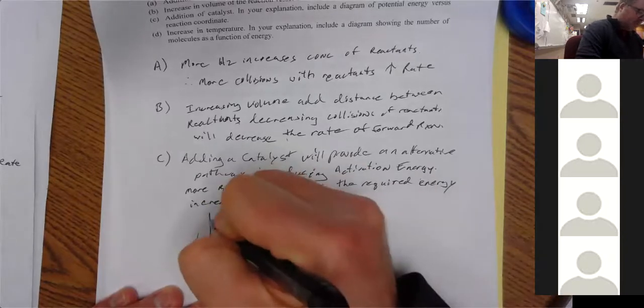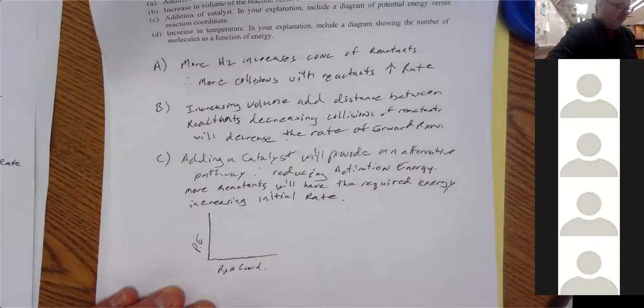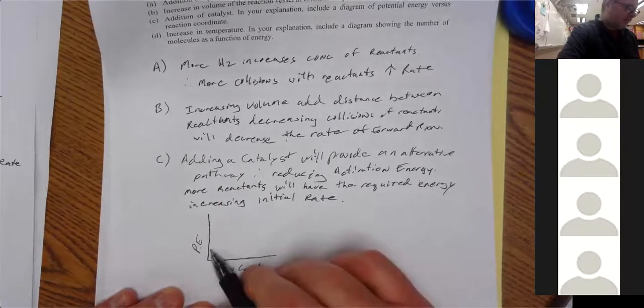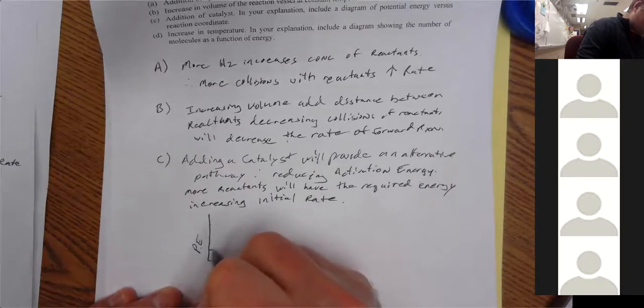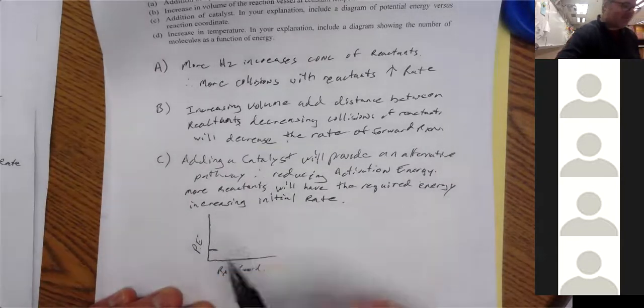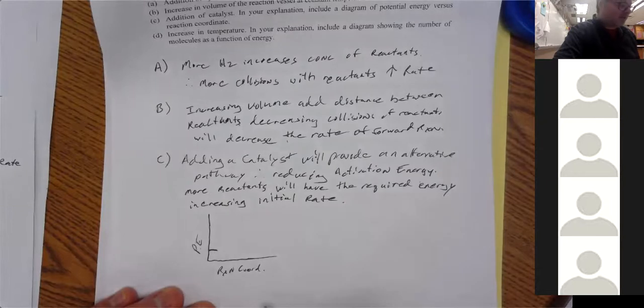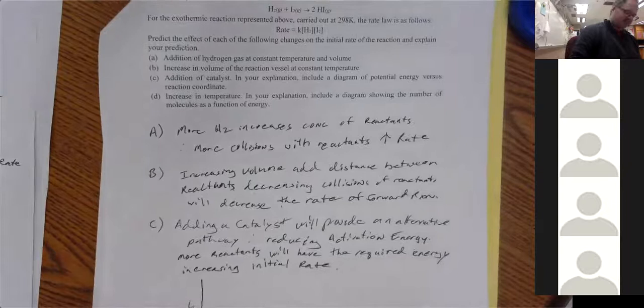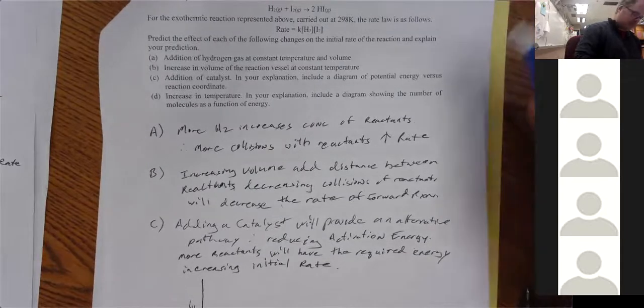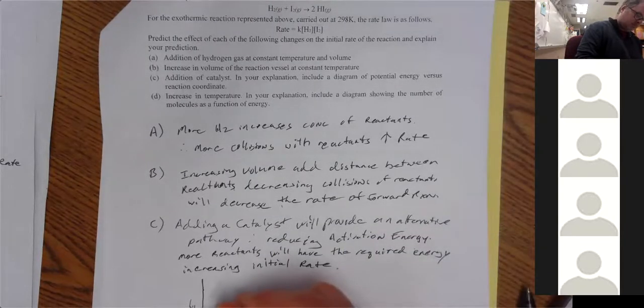And this is just your same old thing. You've got your products over here. I'm sorry, you've got your reactants over here. I'm ahead of myself. I want to talk about whether the products will be below or above the reactants. Anybody got some insight on that?